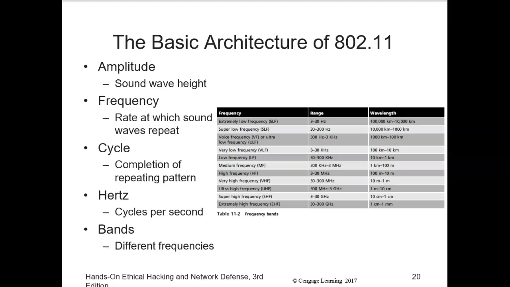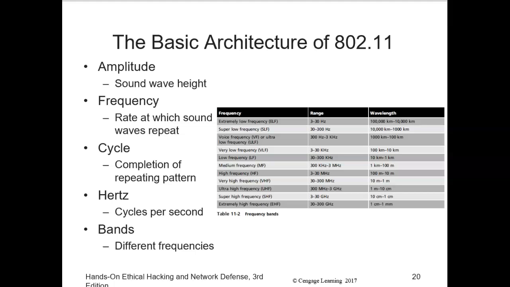Sound travels through the air just as waves travel through the ocean. The length of these waves is measured from the peak of one wave to the next, which is the period. Sound waves can be amplified, so we have amplitude, which is the wave height.